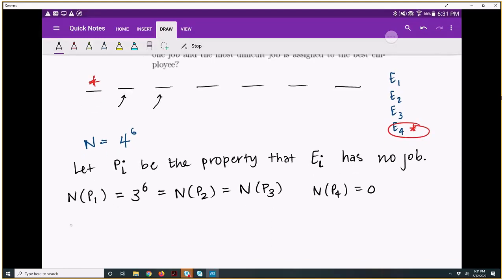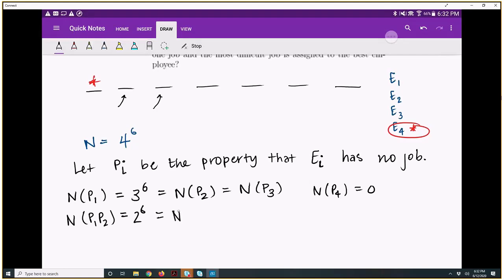Now, let's think about N of P1 and P2. So how many ways could employees 1 and 2 both not be assigned any jobs? Well, again, for each job, I'm thinking how many employees do I have to choose from? In this case, I just have 2. I have my best employee and employee 3. The other 2 people aren't being assigned jobs. So there are 2 to the 6 ways to do that.